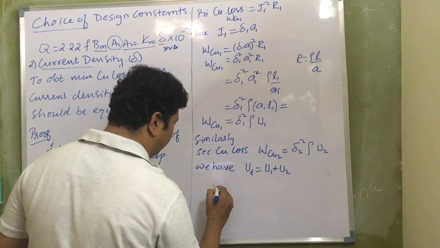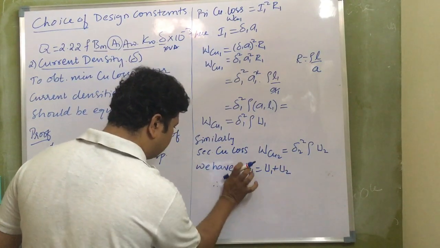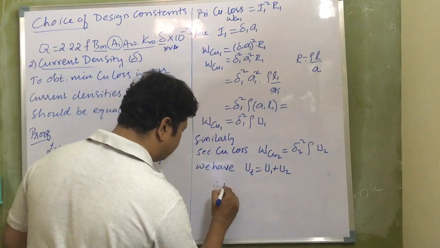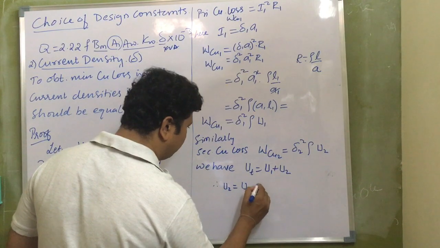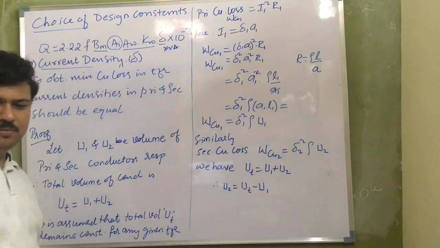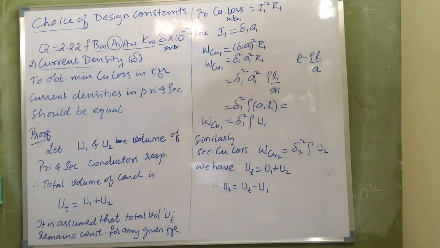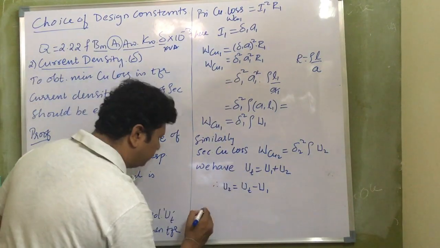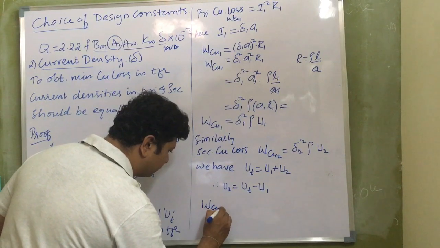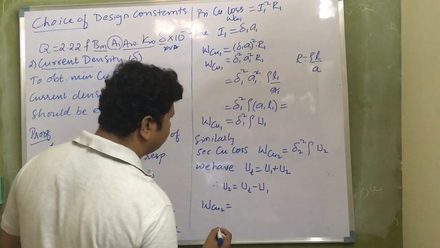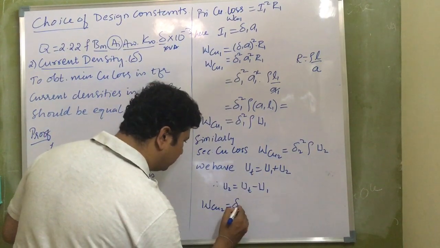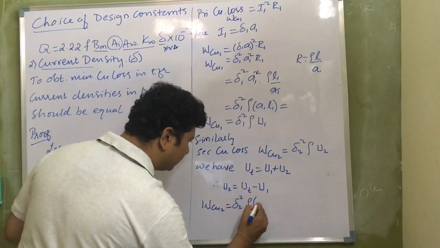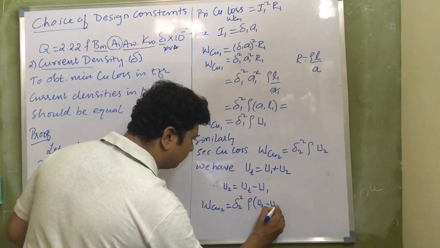Therefore U2 equals UT minus U1. In place of U2, I will put UT minus U1. So WCU2 is equal to delta 2 square rho into UT minus U1.